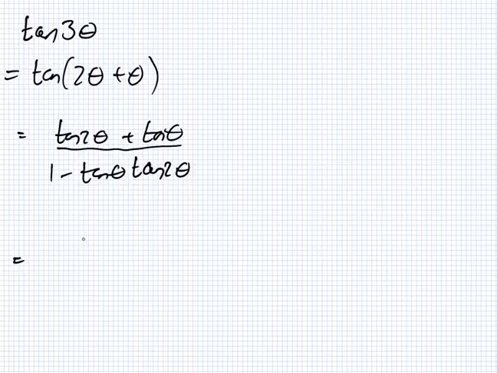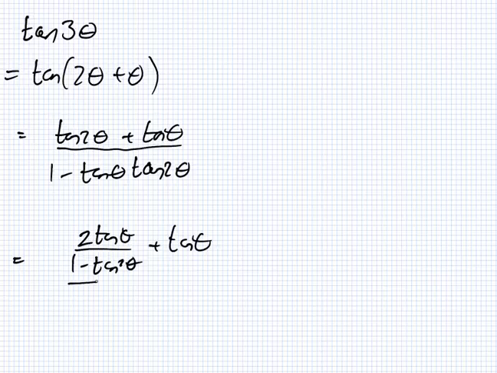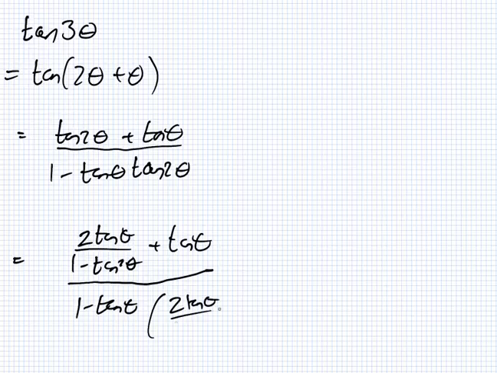Now, what do we do next? The same thing, but for tan 2 theta. Or, in other words, we should use the double angle formula. So tan 2 theta is 2 tan theta over 1 minus tan squared theta, plus tan theta, all over 1 minus tan theta times 2 tan theta over 1 minus tan squared theta.